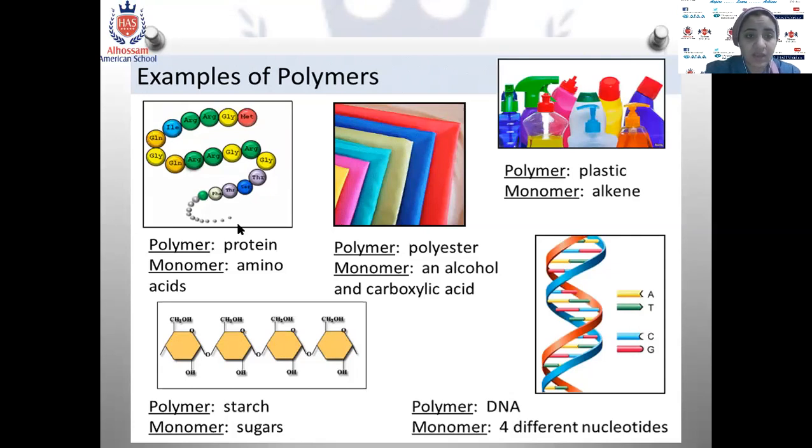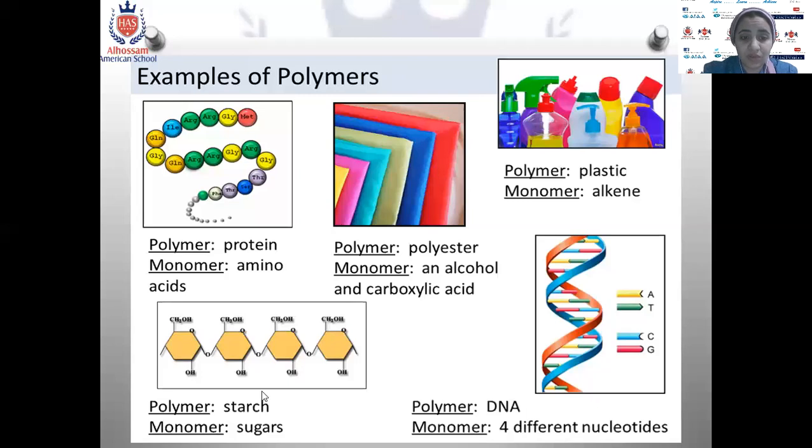For example, protein. Protein is considered a polymer. So what is the name of the monomer of this polymer? Amino acid. We have amino acid as the repeating unit. It forms a polymer which is called protein.